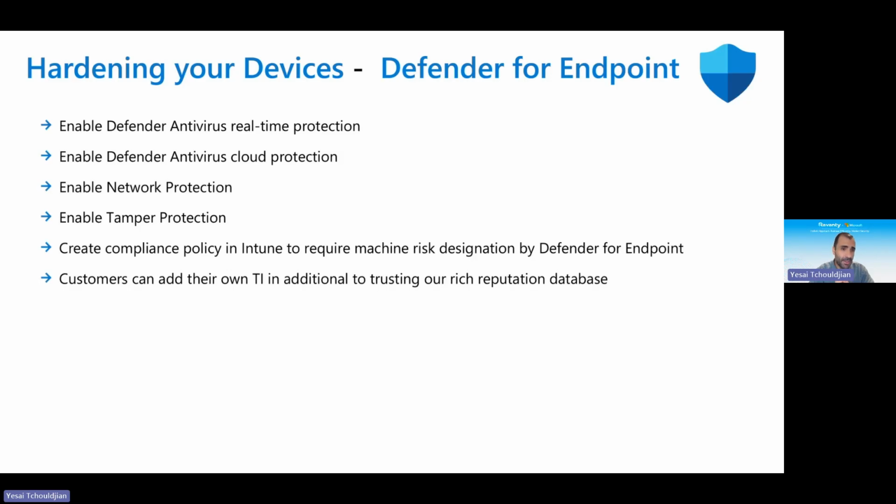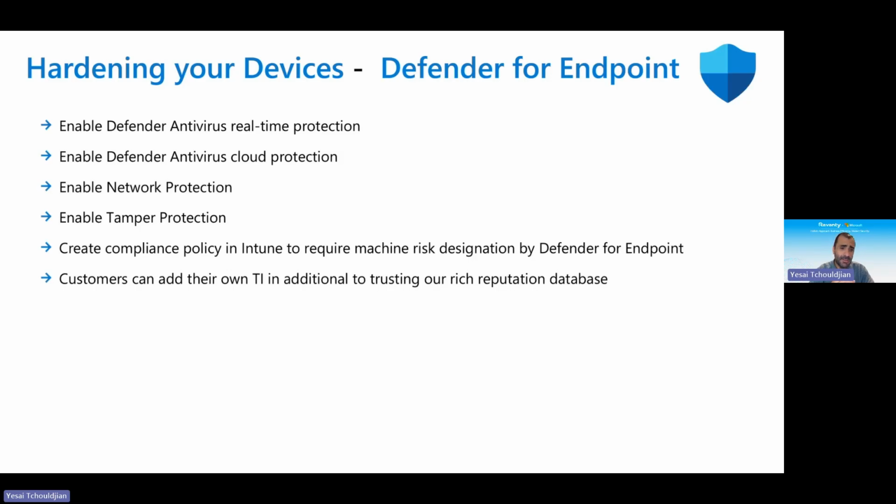So a couple of things: enabling the Defender real-time protection, enabling Defender's cloud protection. These are core capabilities, and I'll talk heavily about that as we move forward. Enabling network protection, and what type of protection that will provide. I'll have a demo coming up that'll actually show you some of these in action. So we'll show you things like network protection in action and how it can prevent, let's say, a malicious sign-on page from even opening on the end user's clients.